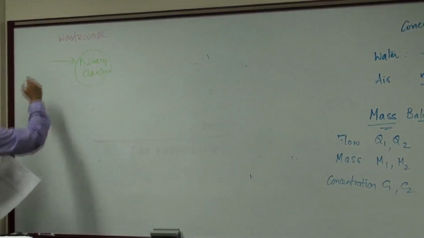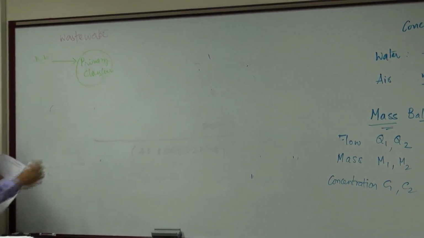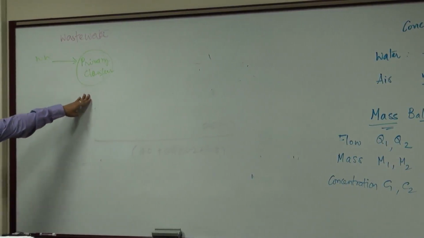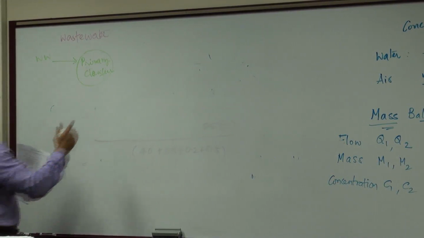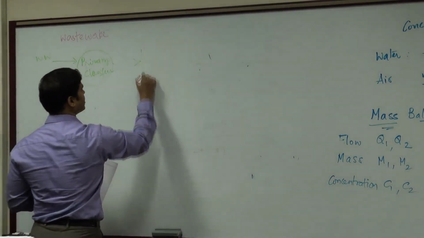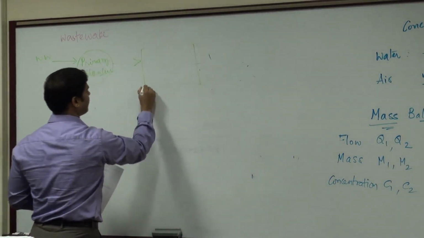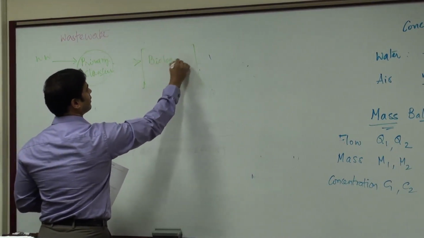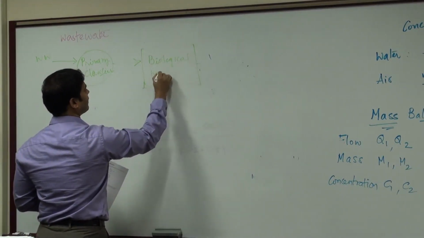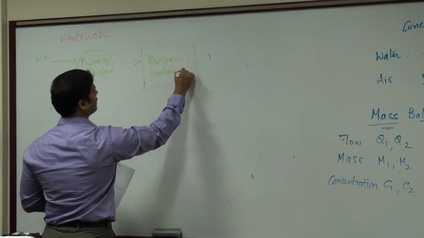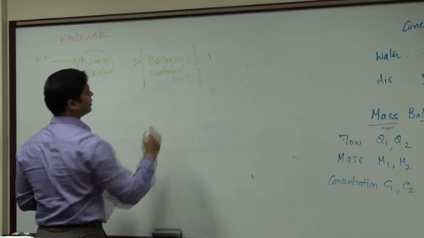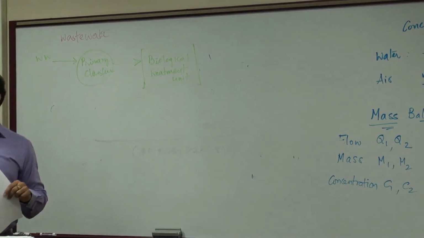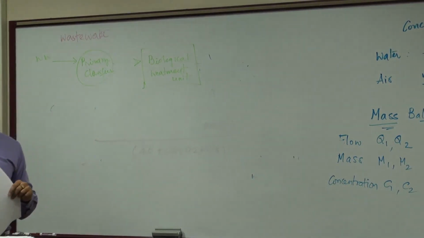As the wastewater enters the plant, a plant will have a primary clarifier. If you remember from your wastewater class, it would have a biological treatment unit, which could be activated sludge process or trickling filter.